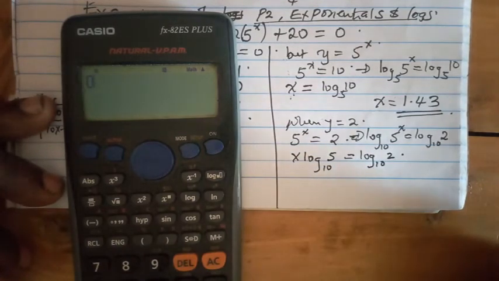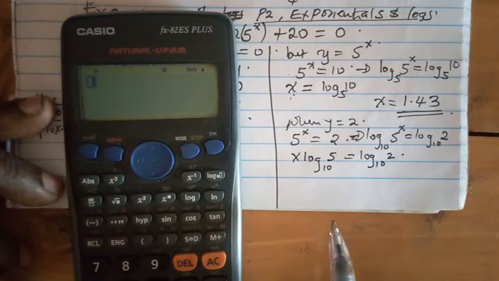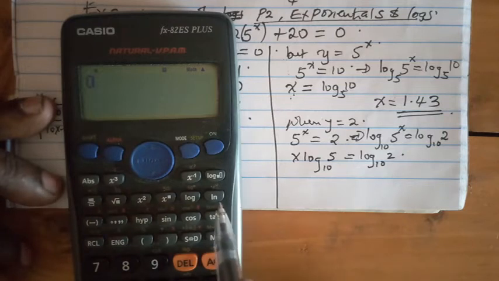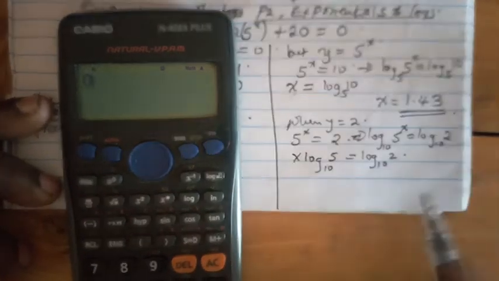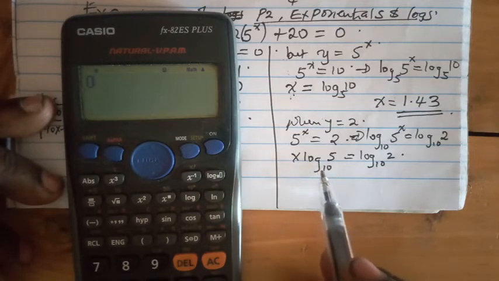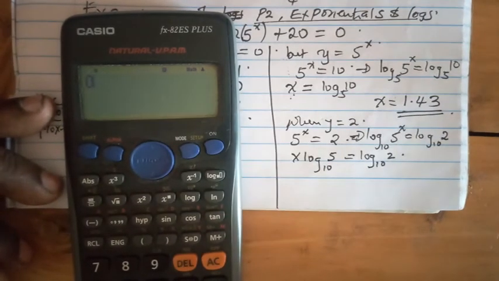By the way, when you're using the log button, not the natural logarithm, because the natural logarithm is ln, you don't need to indicate base 10 because the calculator realizes it's obviously base 10.